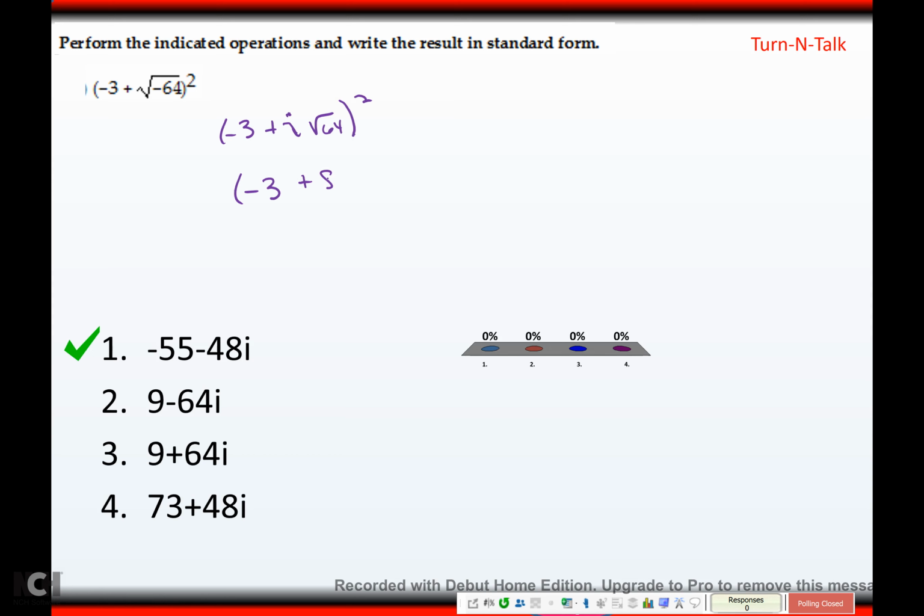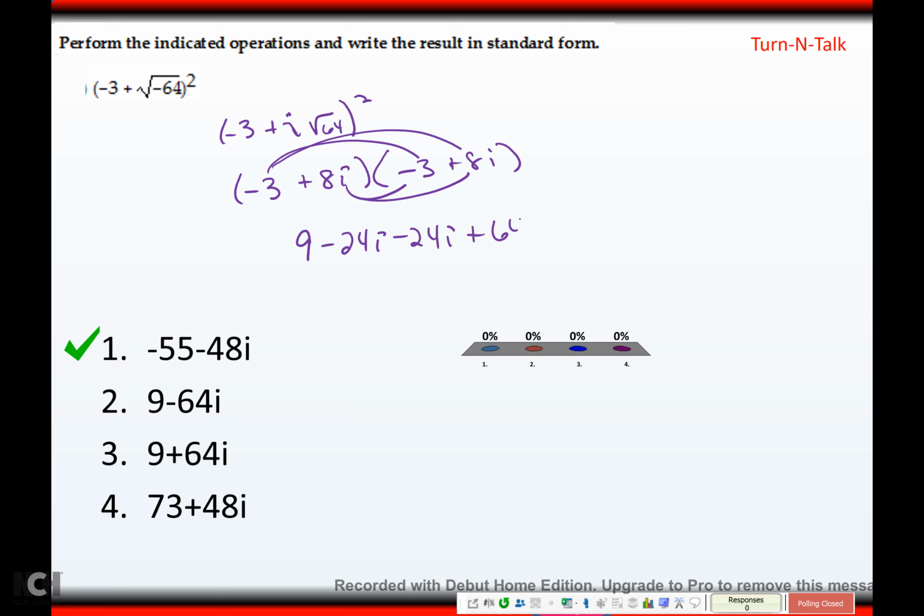So that's negative 3 plus 8i squared, which would be negative 3 plus 8i twice. That's going to be positive 9. That's going to be negative 24i. That's going to be negative 24i. And that's going to be positive 64i squared.